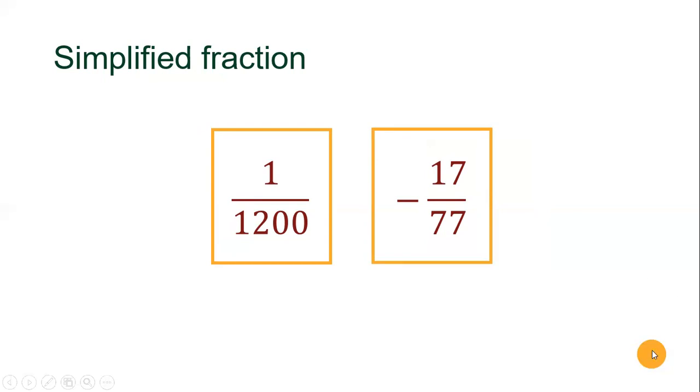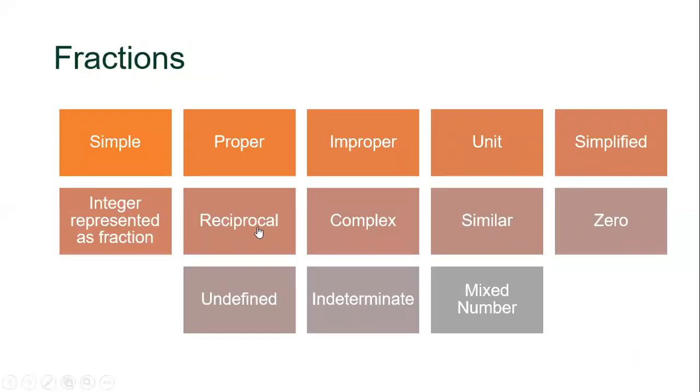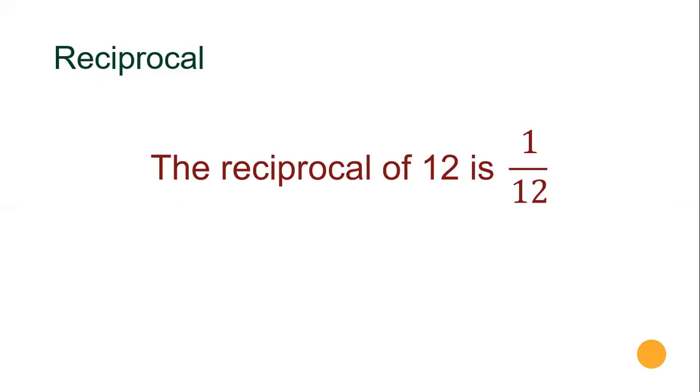Next, let's move on to reciprocal. A fraction that results from interchanging the numerator and denominator is a reciprocal fraction, or an operation. Examples: the reciprocal of 12 is 1 over 12.